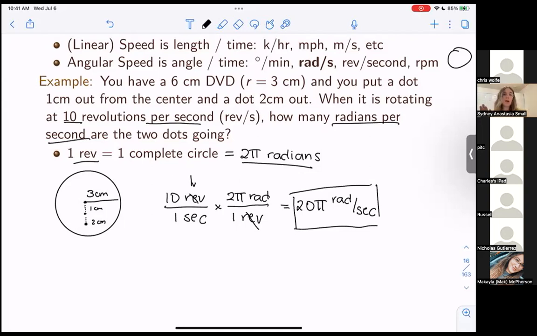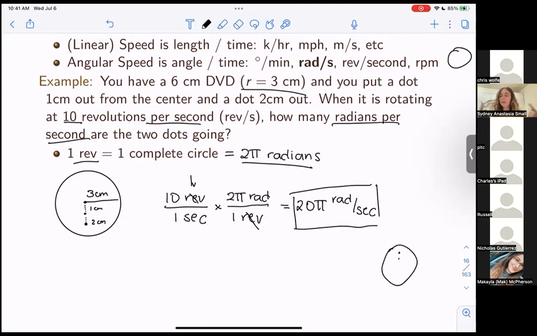Notice we didn't use the information of where the dots are. Regardless of where the dots are, our angular speed does not change. And it makes sense if you think about it, right? If you're holding a CD with 2 dots drawn on it, when you spin it around, once you make a full rotation, the 2 dots are going to make that full rotation at the exact same time.